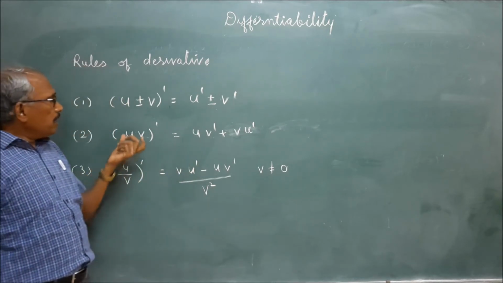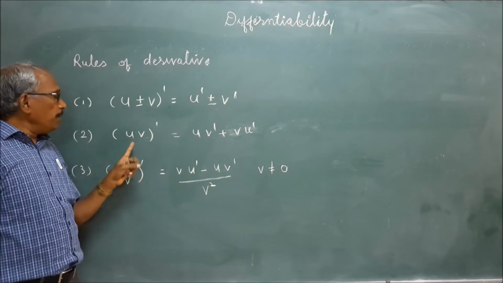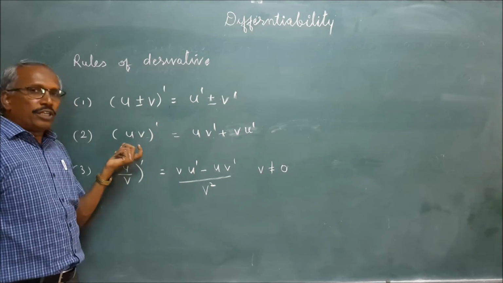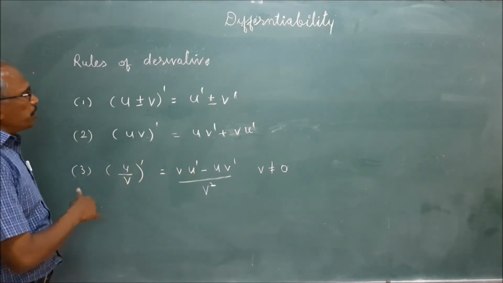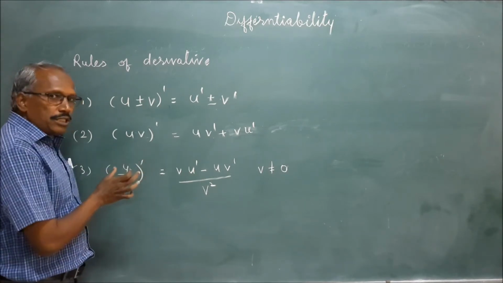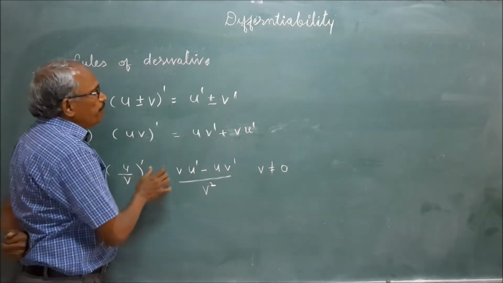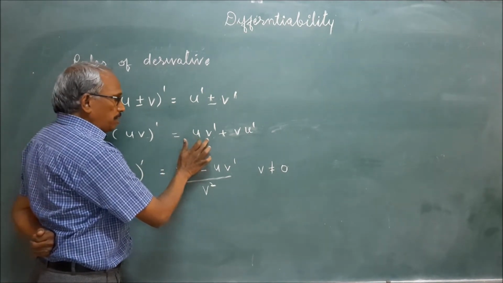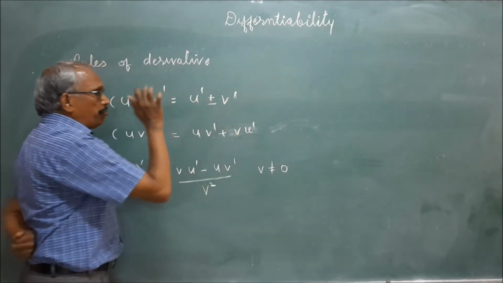Now similarly, if there is a multiplication sign between u and v, how do we find the derivative of the product of two functions? The derivative of uv is the first function into the derivative of the second function plus the second function into the derivative of the first function.